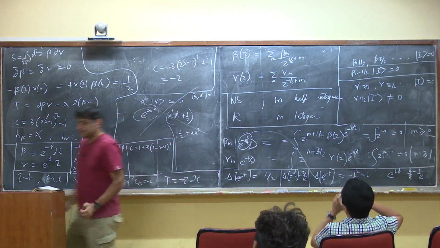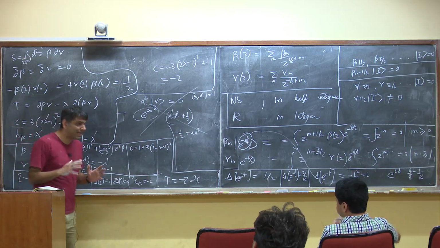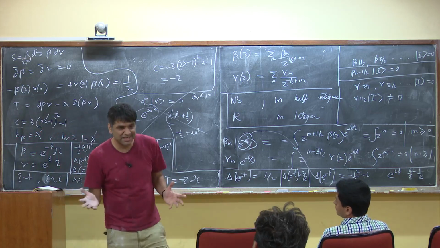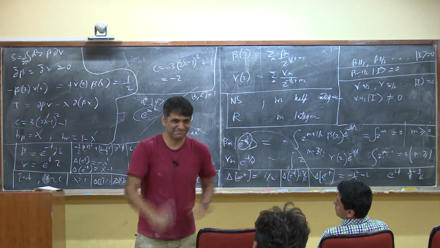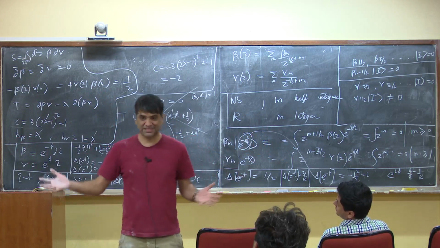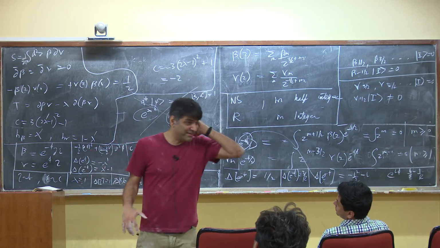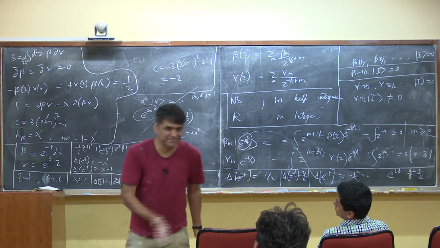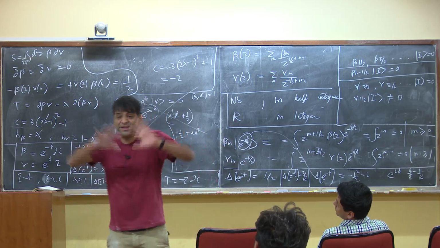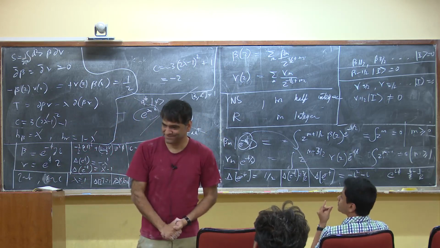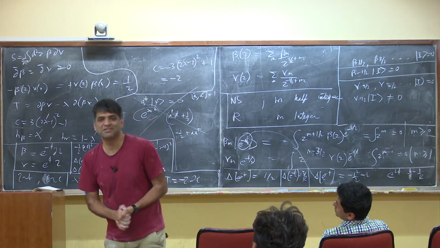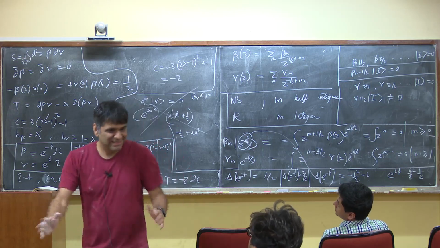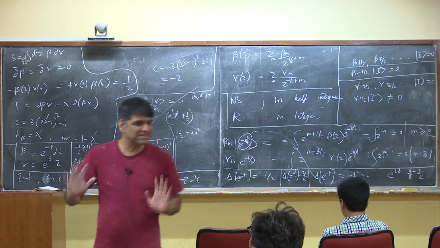Okay? So in the next class we'll start by looking at truncations we can make. So we've got this matter sector, we've got the ghosts, and what we're going to do is mod out the theory by a symmetry. The symmetry is minus 1 to the F left. But we'll do this systematically.